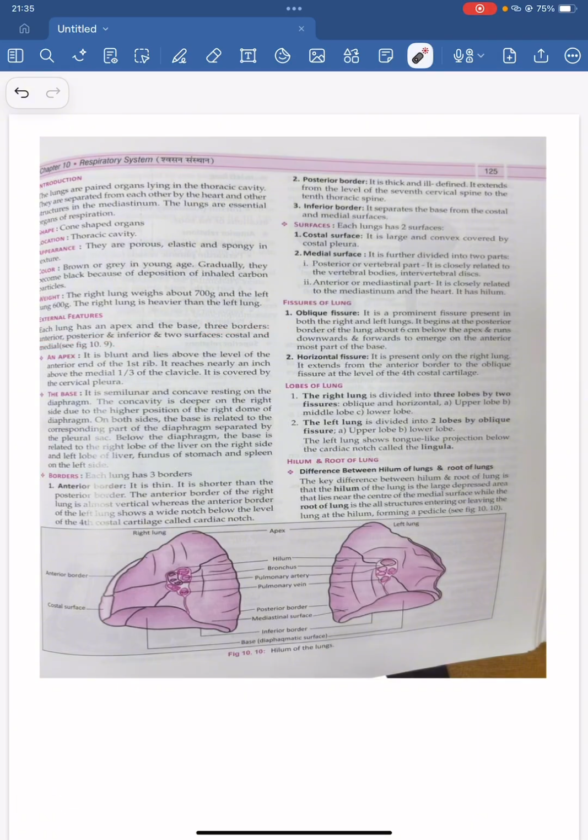Students, in this content the external examiner mainly focuses on the borders and surfaces. There are three borders in the lungs and two surfaces. The three borders are anterior, posterior, and inferior.